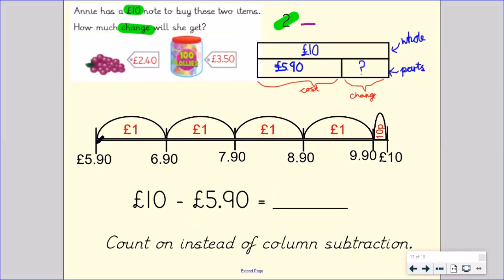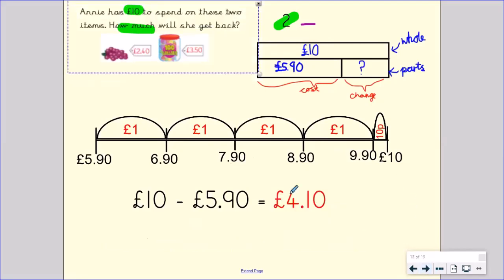Starting from 590, if I add 1, that's 690, another one, 790, 890, 990, and then I need just another 10 pence to make £10. So I've got 1, 2, 3, 4 pounds, and the 10p makes £4 and 10p.